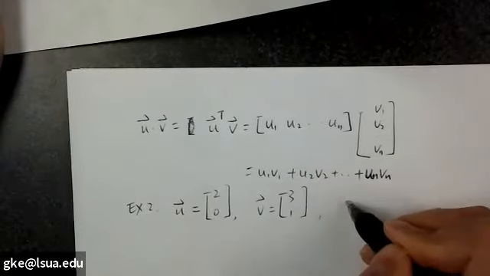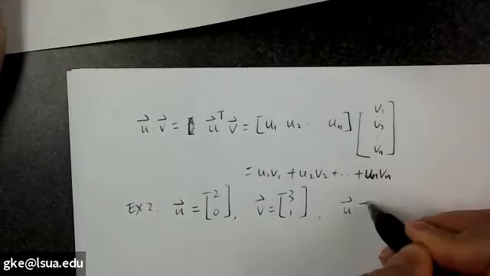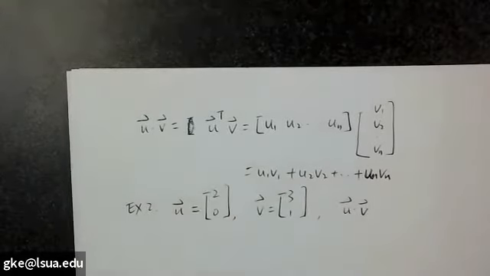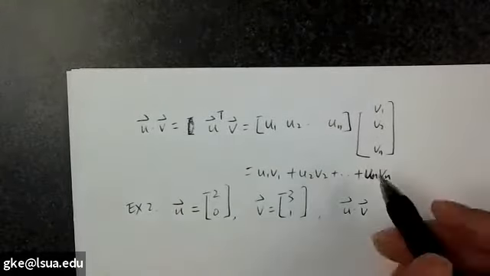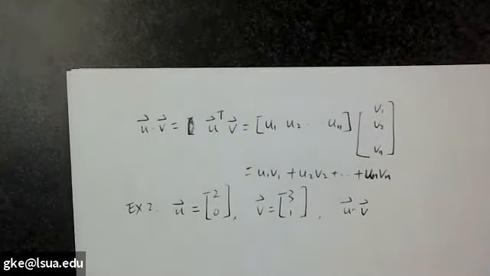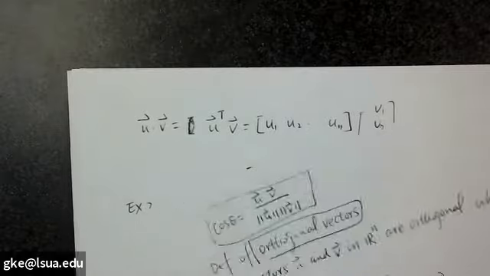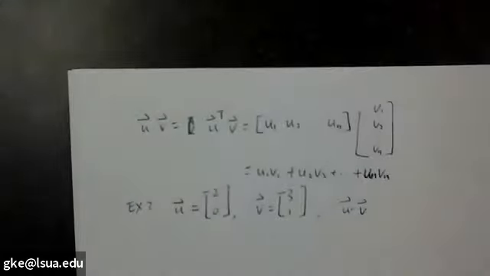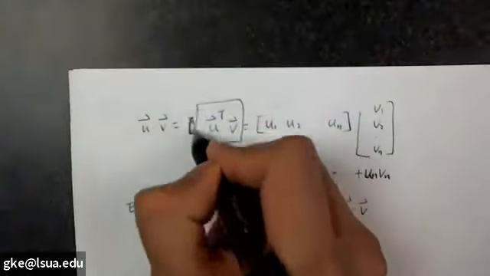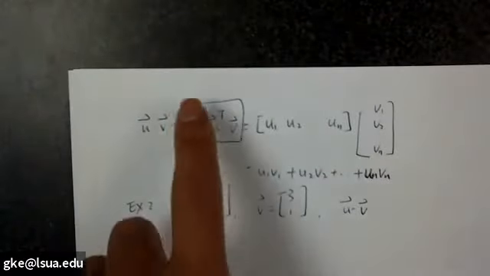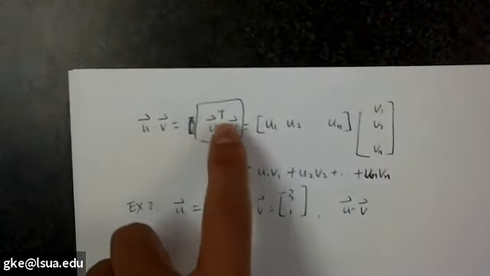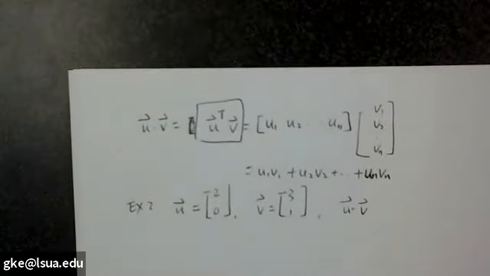Use the matrix form to calculate the dot product. Try it by yourself. Use the matrix form. So the dot product becomes u transpose times v.